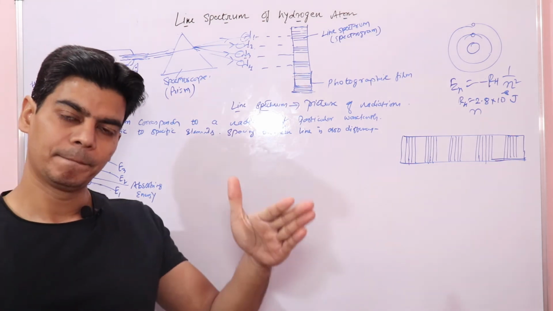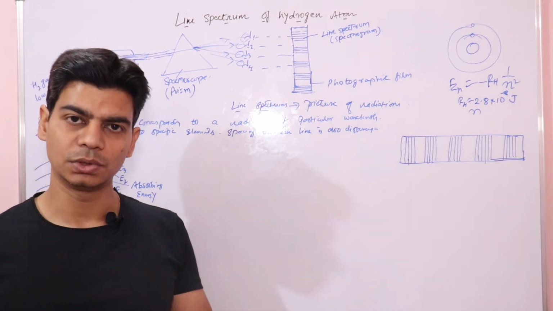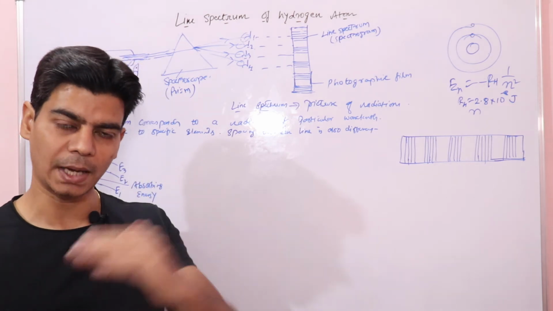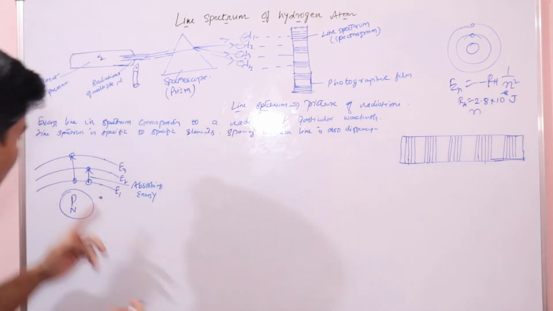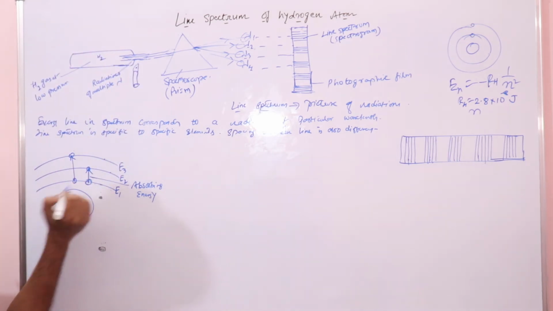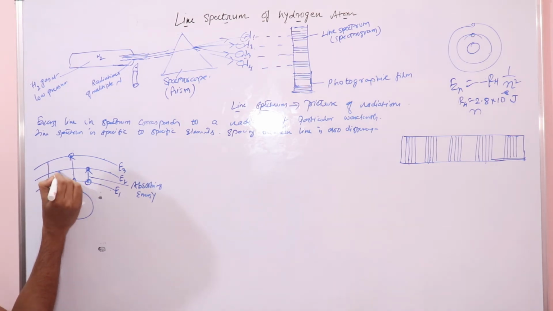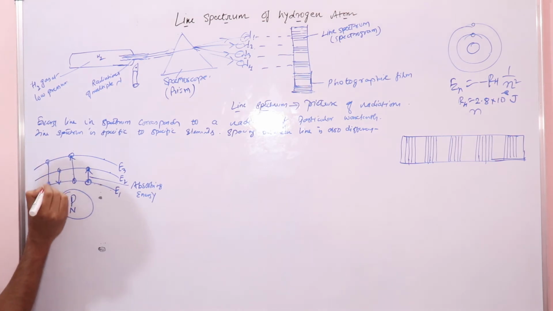That means the electron will quickly move back to its ground state, because it will lose energy there. So when this electron, which is excited to this energy level or maybe to this energy level, moves back to its ground state, it will emit radiation.